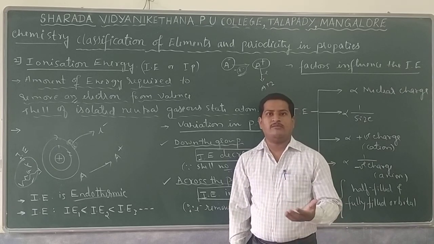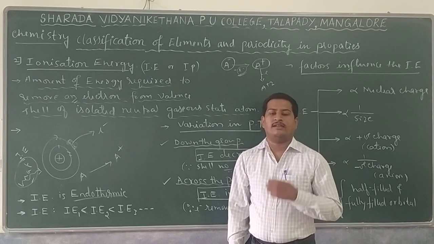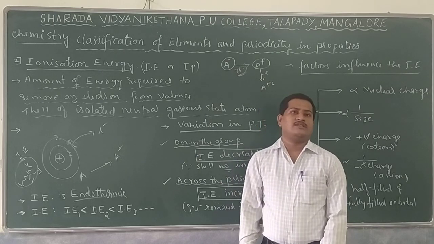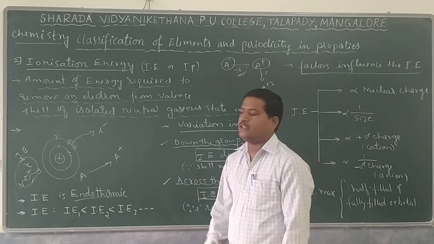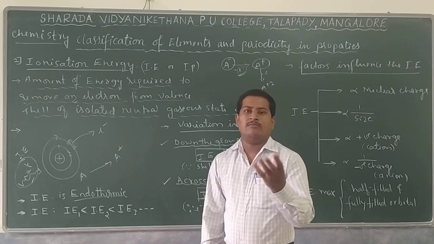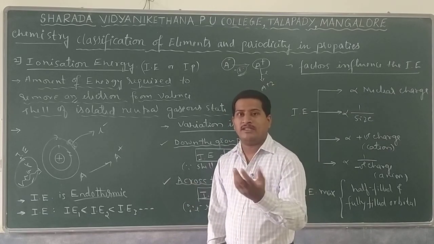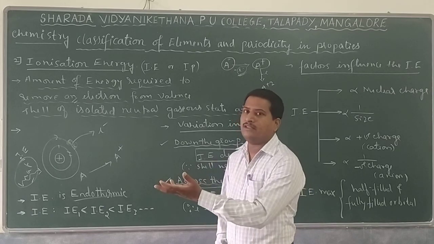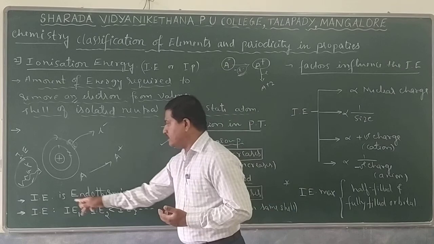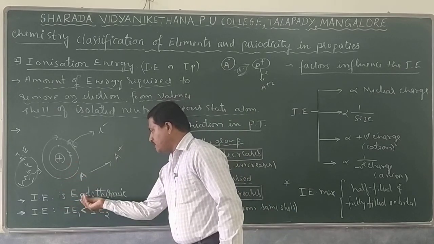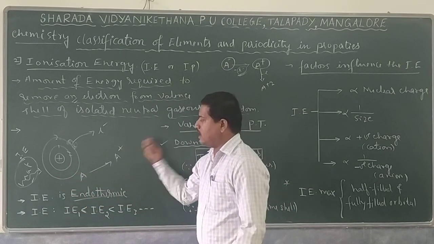The process taking place with absorption of energy is endothermic. A process taking place with release of energy is called exothermic. So combustion of hydrocarbon, combustion of methane gas, large amount of heat release taking place, that is an exothermic reaction. Similarly, in this case, ionization energy is an endothermic process.